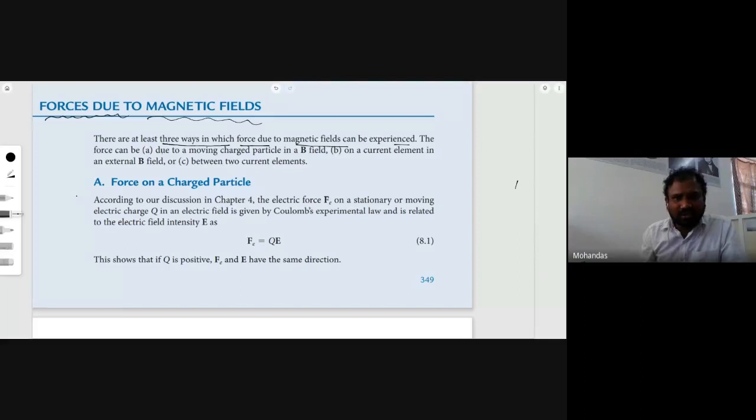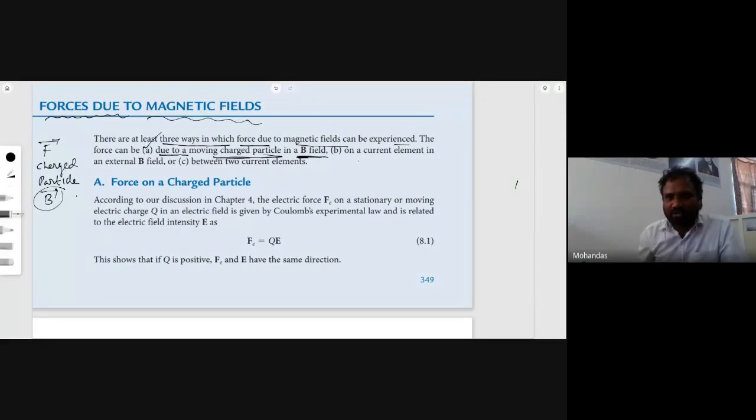The first one is the force due to a moving charged particle in a magnetic field B. We are going to calculate the force F due to a charged particle which is placed in magnetic field B. That is the first force.